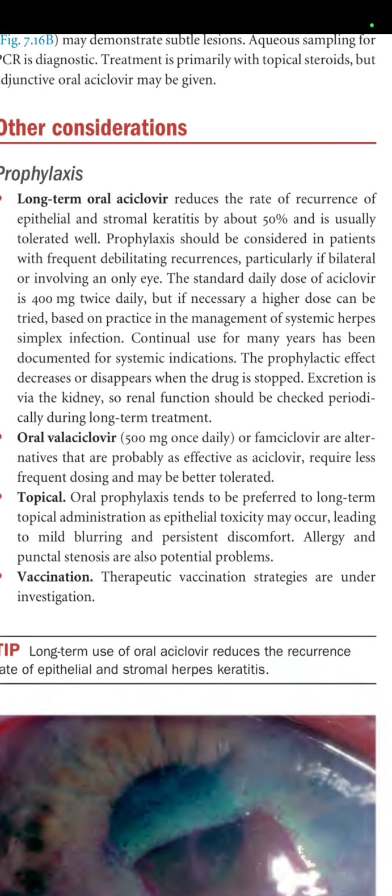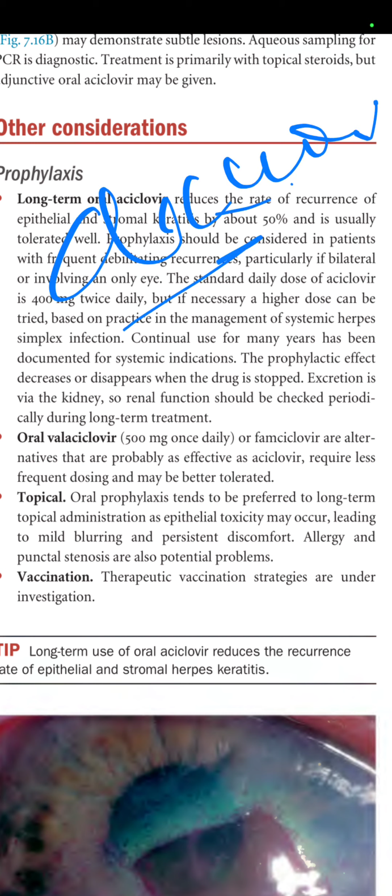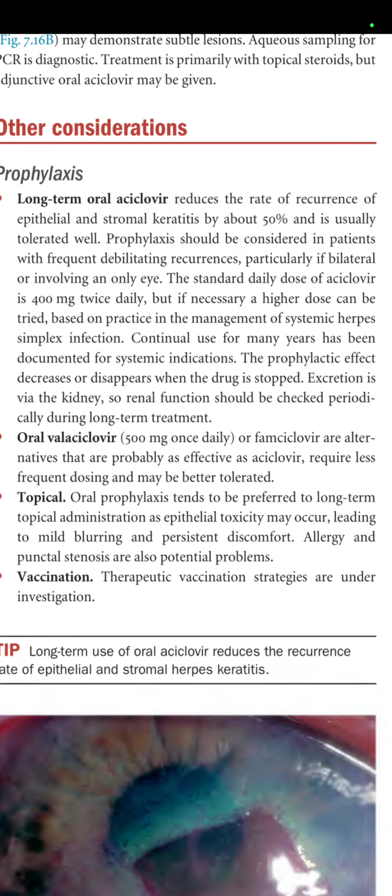So once the drug is stopped, the prophylaxis is lost. It is not that if you give the prophylaxis and then stop the drug, it will not recur. It can recur if the drug is stopped. Excretion is via the kidney, so renal function should be checked periodically during long-term treatment.